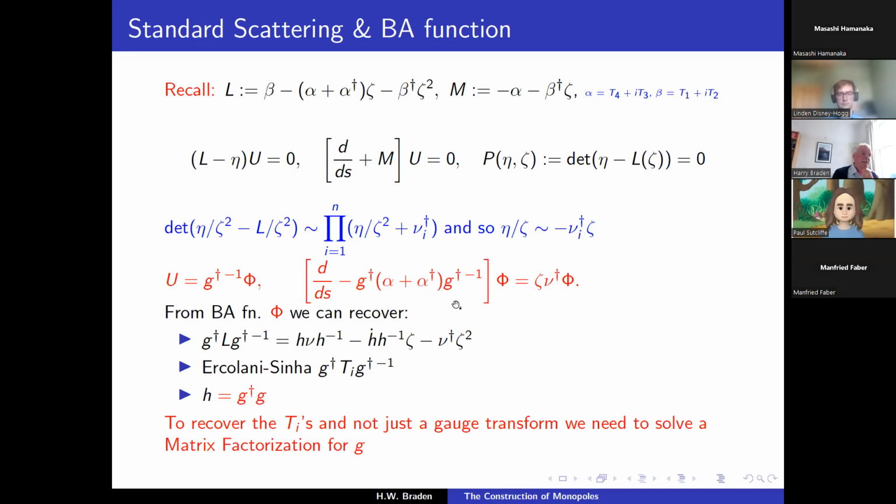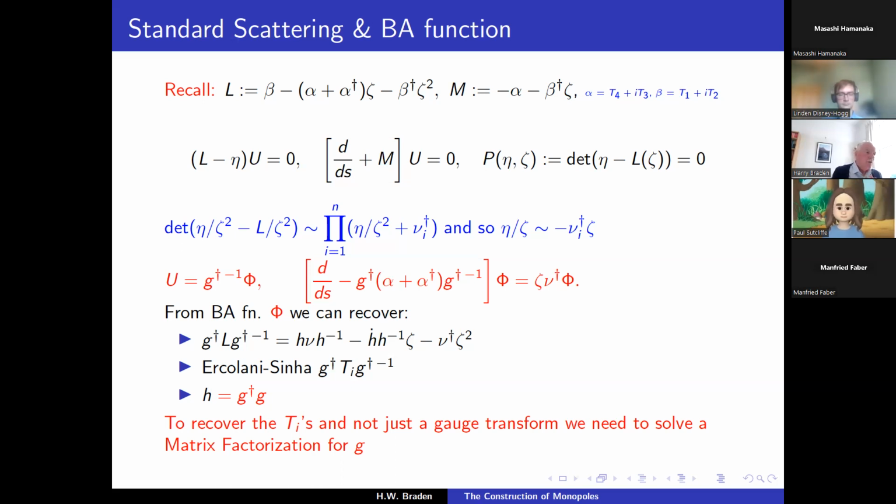From the Baker-Akhiezer function, it's then possible to recover the gauge transform of the Lax matrix, the gauge transform of the Nahm data, and in fact, as Victor and I showed, we can get H explicitly.